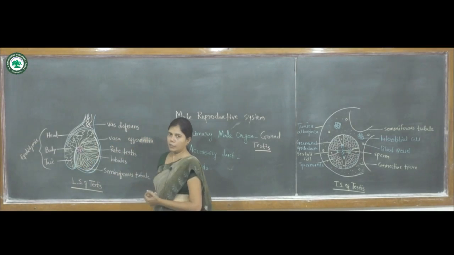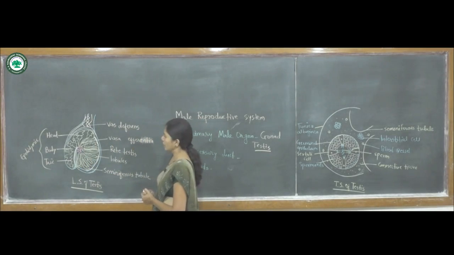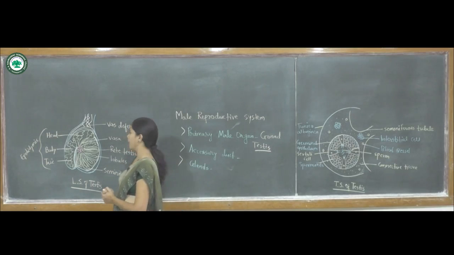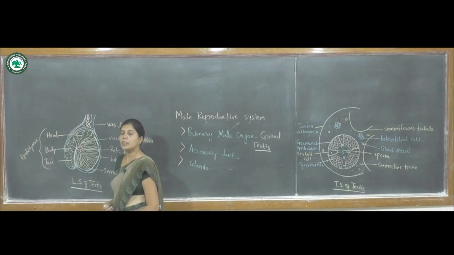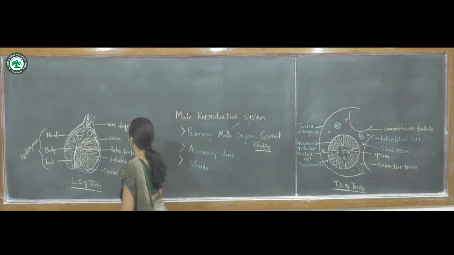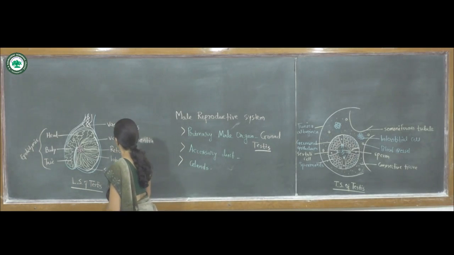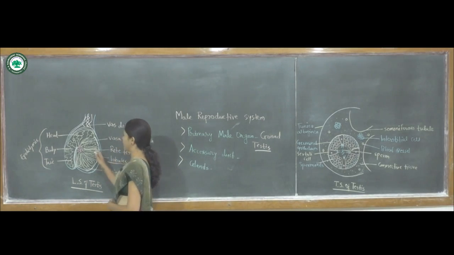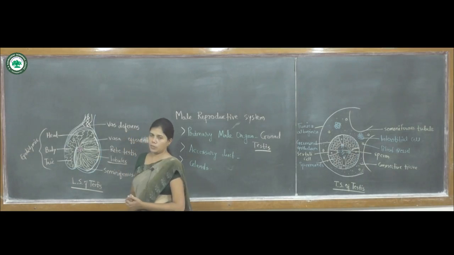In the LS of testis, the testis is differentiated into 200 to 300 thin tube-like structures, the lobules.